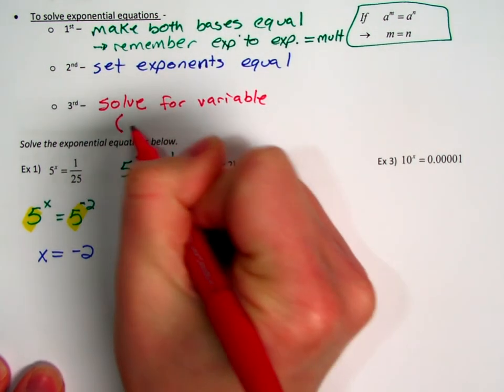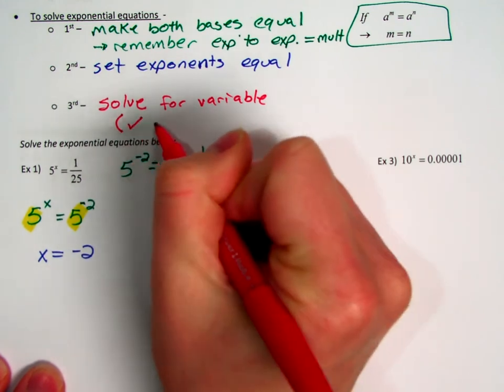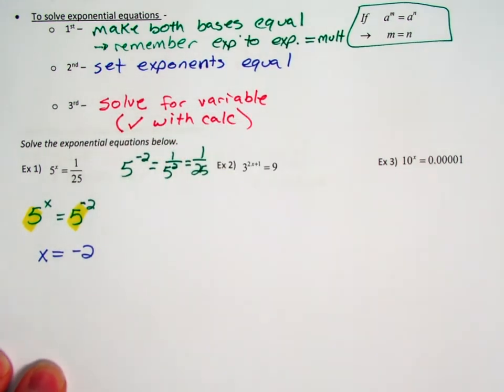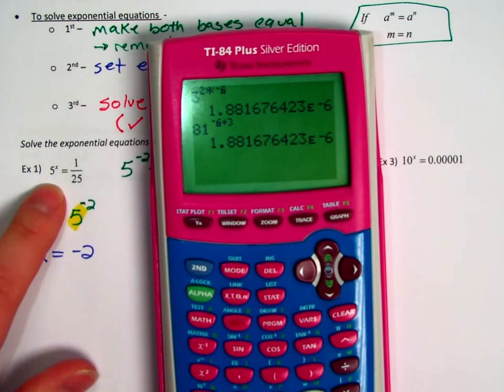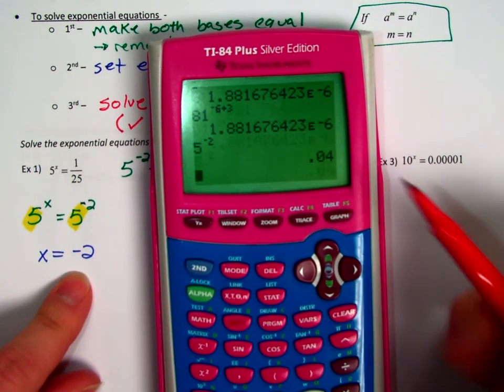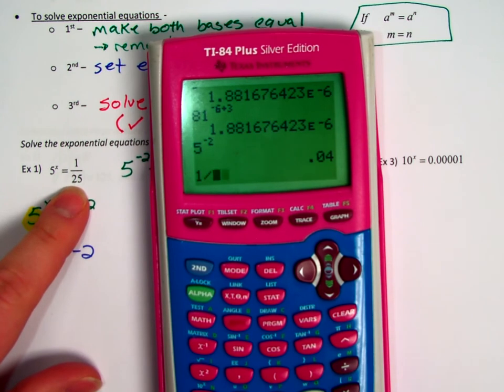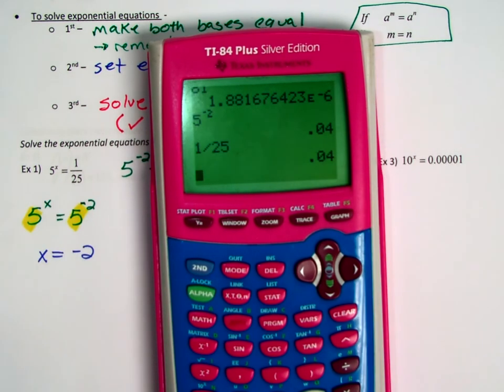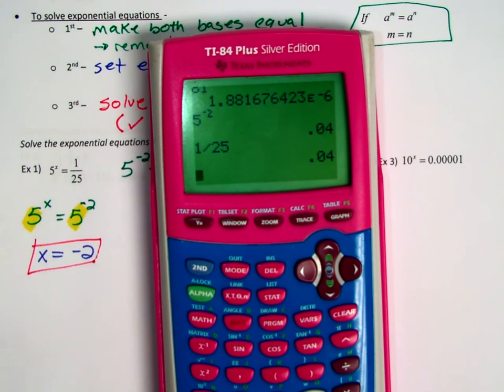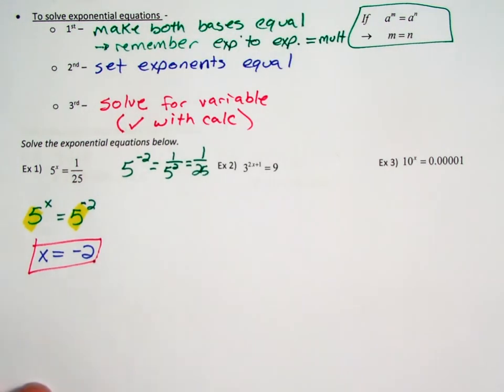But I would also recommend in this step that you check your answer with your calculator. So I will do that step. So 5 to the now x, which we think is negative 2, would give me 0.04. 1 divided by 25 is the other side, which is also 0.04. So I know that, yes, x equals negative 2 is my solution.